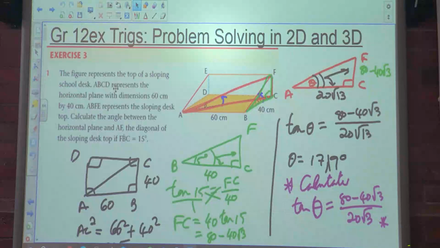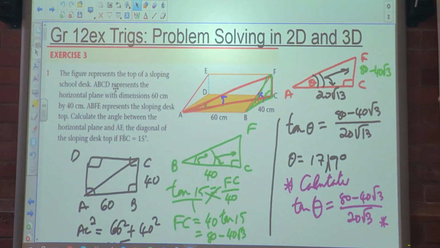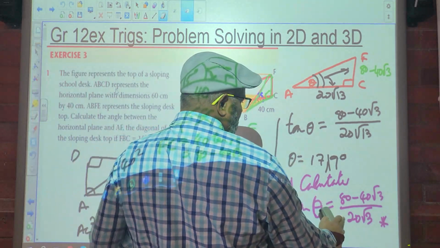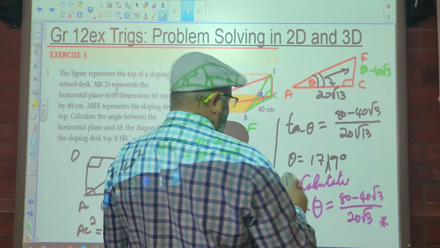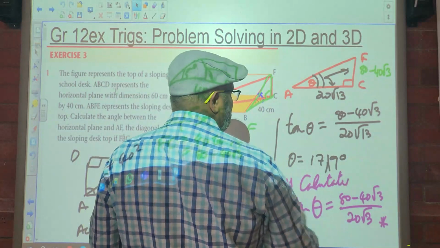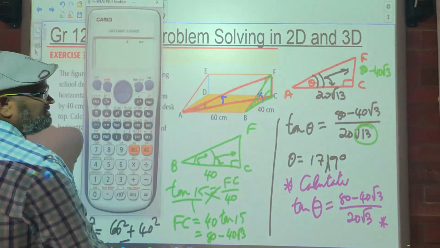Okay, good morning, class. So, today we're looking at problem solving in 2D and 3D cases, 2 dimensions and 3 dimensions. On Friday, you guys said that this answer here did not correspond with the answer in the textbook. Not so. But what my mistake was, when I entered this into the calculator, I entered this as the square root of 3 and not the square root of 13.